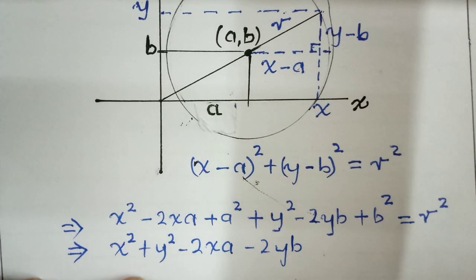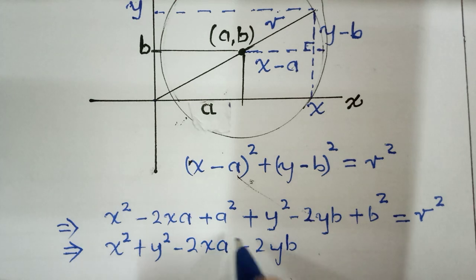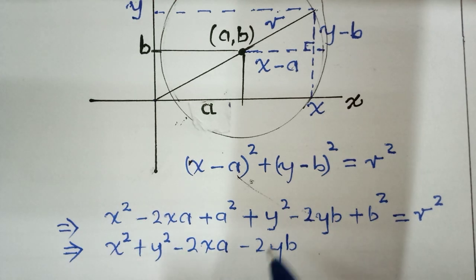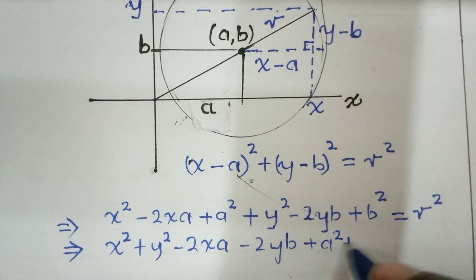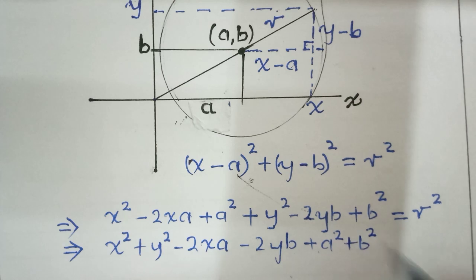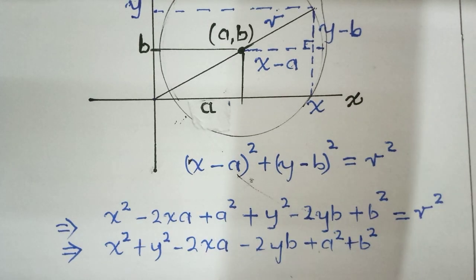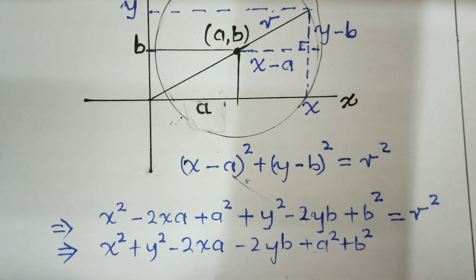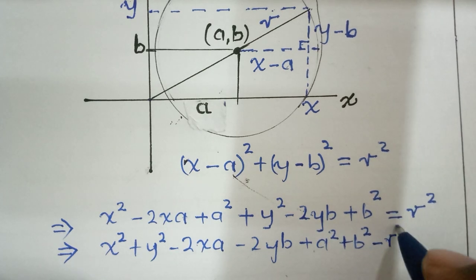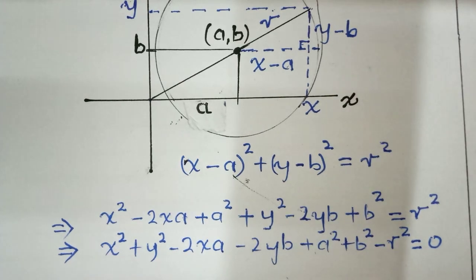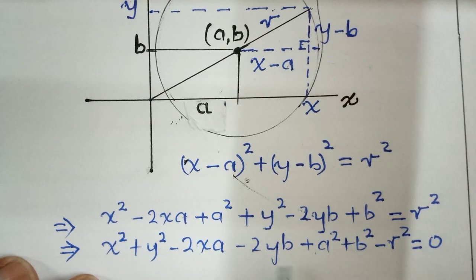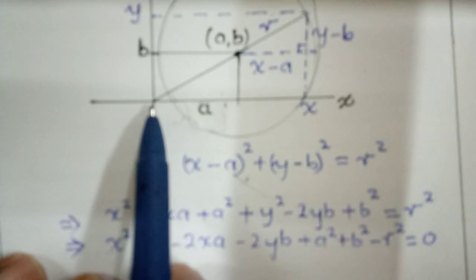And then we are left with a squared plus b squared. We can also bring this r here, so that we have minus r squared equals 0. So this is the equation that represents a circle whose center is A and B from the center of the Cartesian graph.